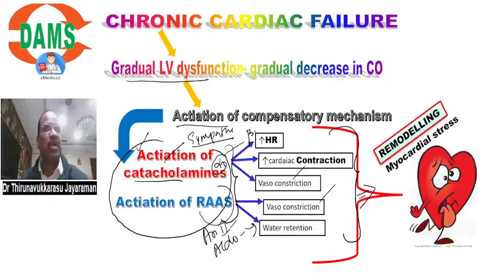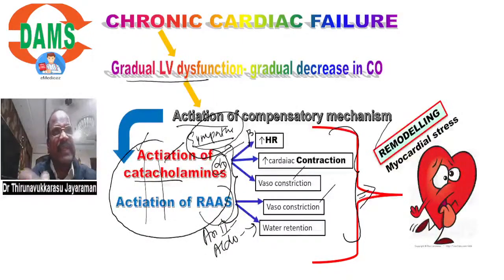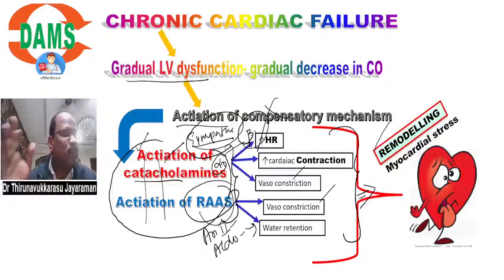That's why, in your question, the drug useful to prevent remodeling and promote longevity of life means those blocking this compensation. That means those blocking the sympathetic system, that's called beta blockers, or those blocking RAS, called RAS blockers.